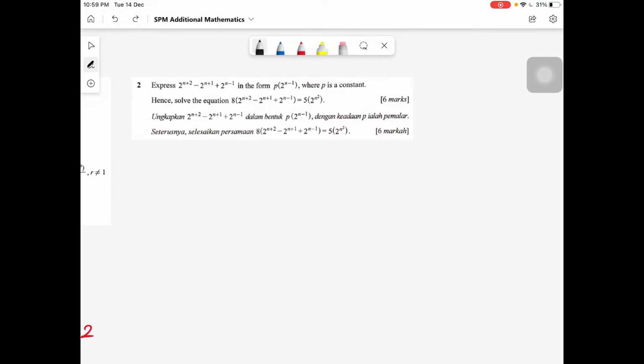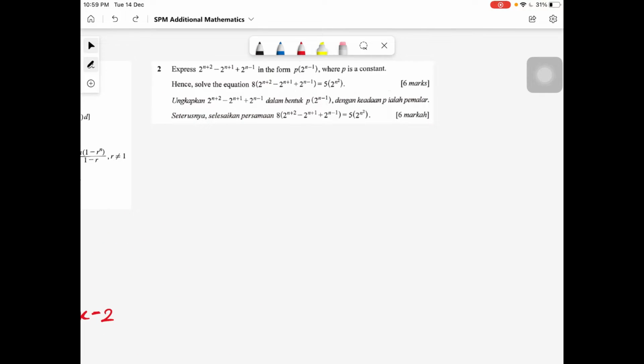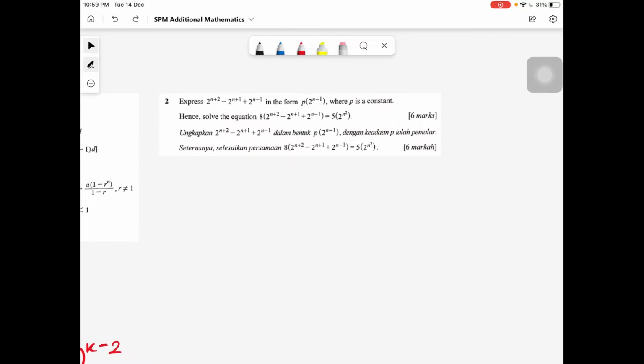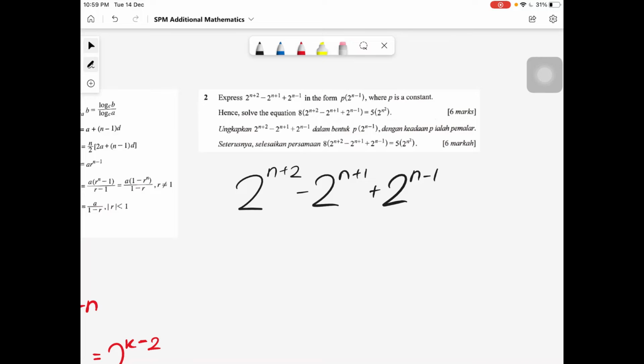Okay, so back to this question, since we have already figured out the identities, let's try 2 power n plus 2 minus 2 power n plus 1 plus 2 power n minus 1. Since we have the same base, which is 2, 2, and 2, we should at least have an idea of where we should go.